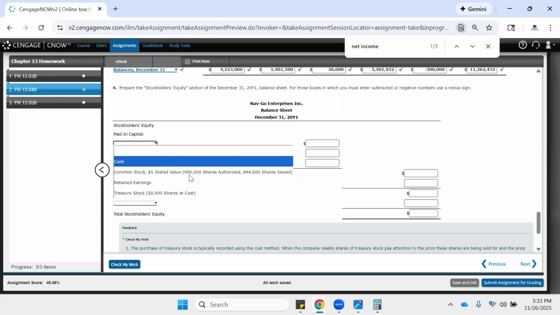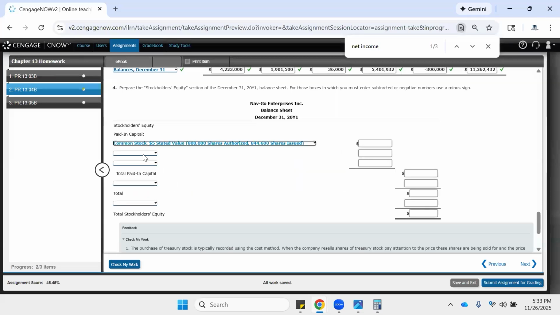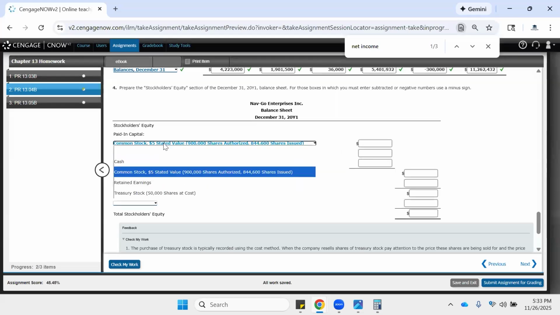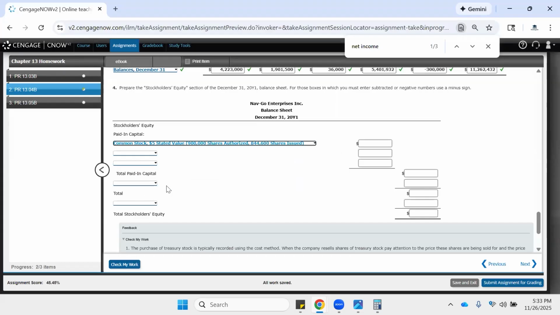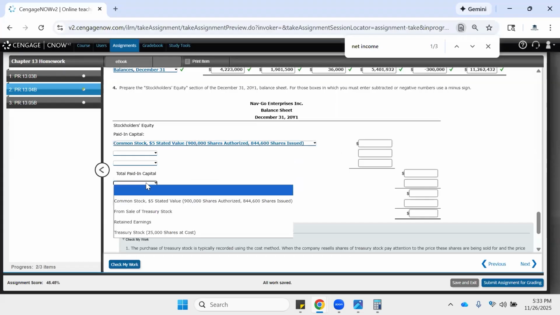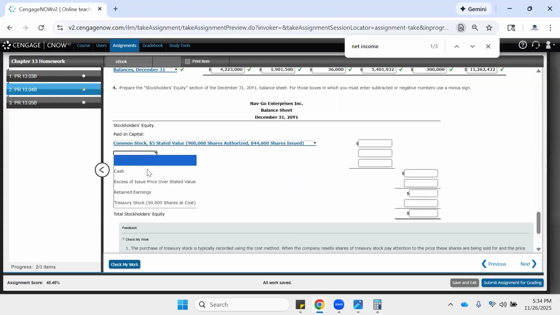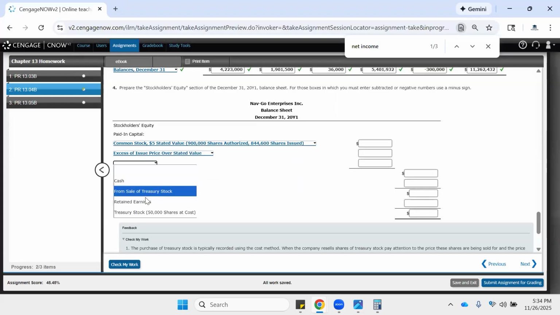Our paid in capital, at the top we have, so as part of our paid in capital, we have common stock, and then we have excess of issue price, and then we have from sale of treasury stock.